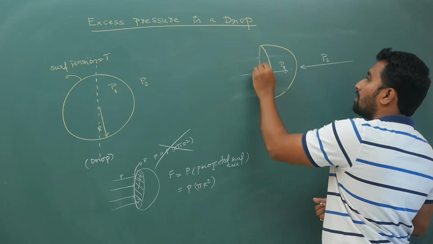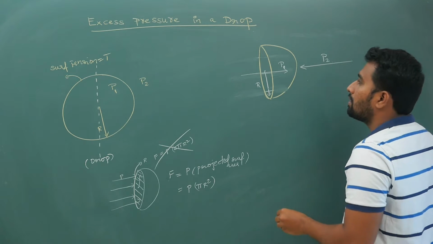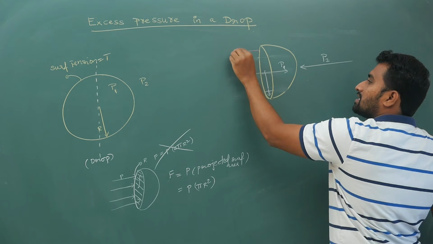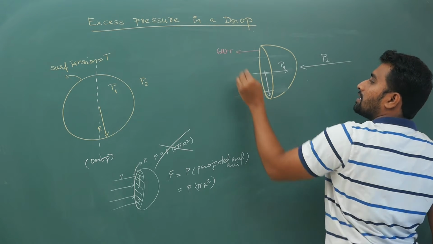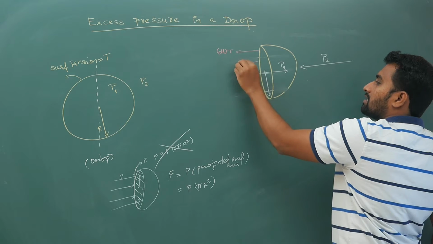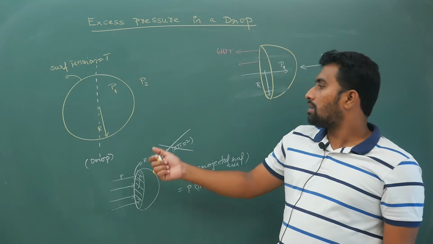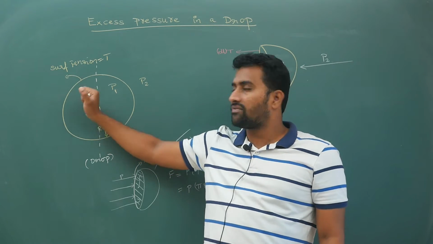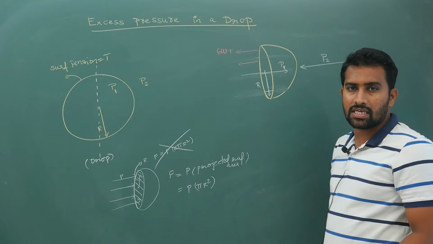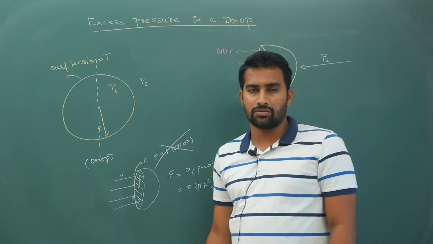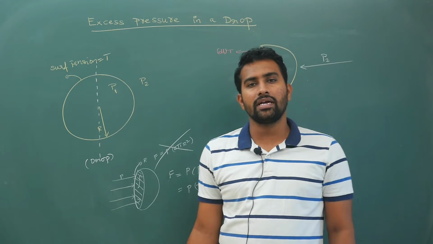That force is your surface tension times length, T times a small length dl. Here it will act this way because of cohesive force between similar molecules. The left portion of the drop will attract this, so surface tension into length gives you force. The purpose of surface tension is two things: one is to calculate force and other is to calculate energy.